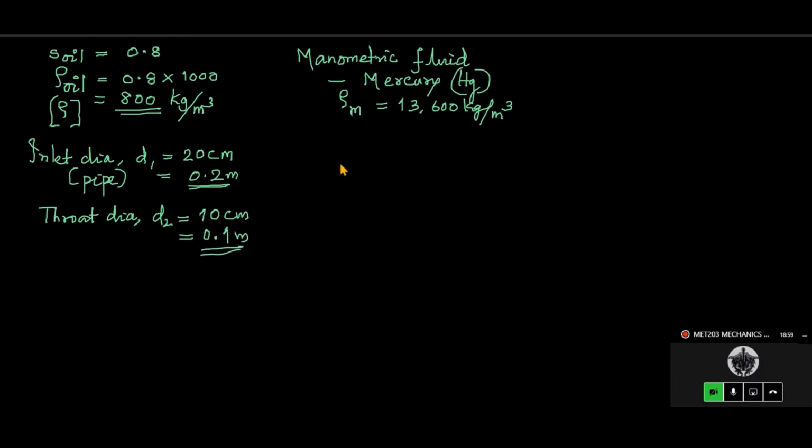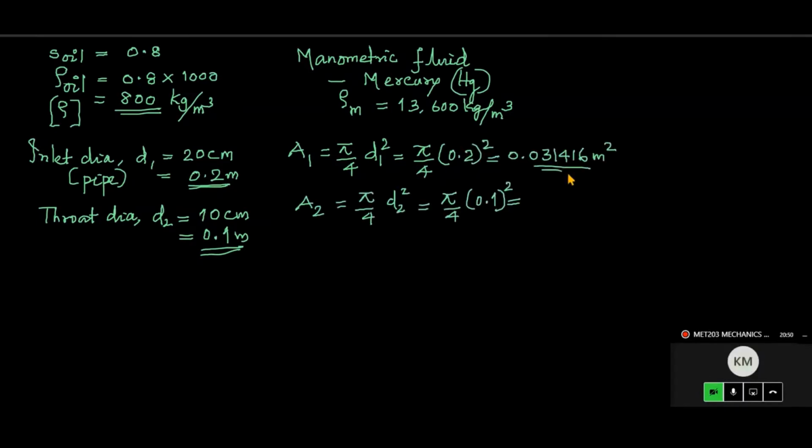Right. So from this, obviously, you can find out the area. The area of inlet A1 is equal to pi by 4 D1 square. So you can calculate that: pi by 4 into the diameter 0.2 square. And then the second one is 1/4 of this value, because the diameter is reduced to half, so the area will become 1/4.